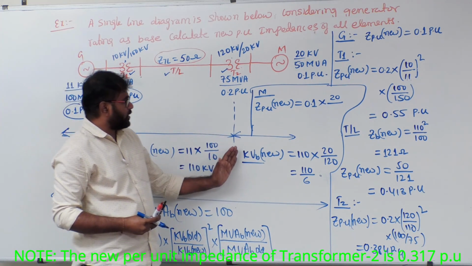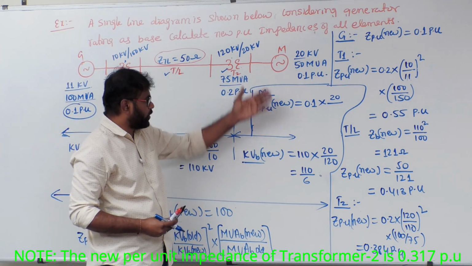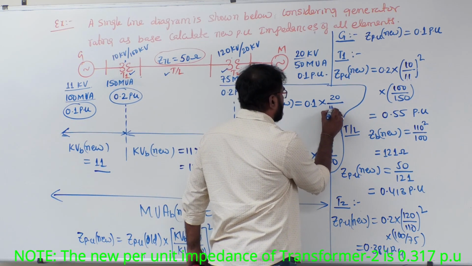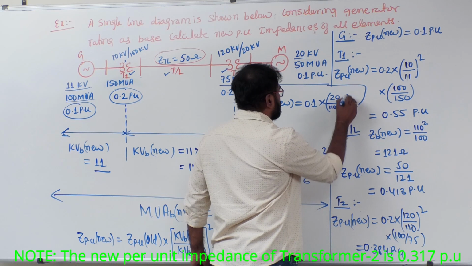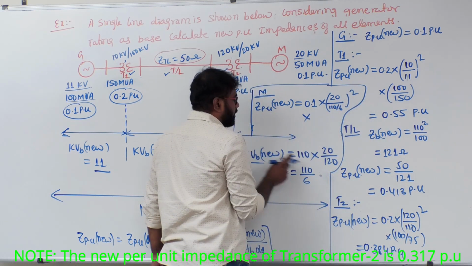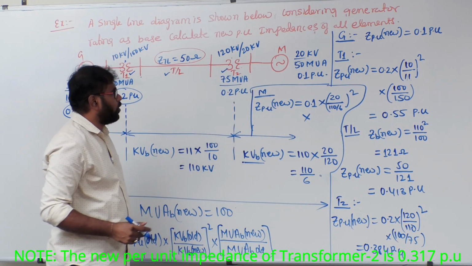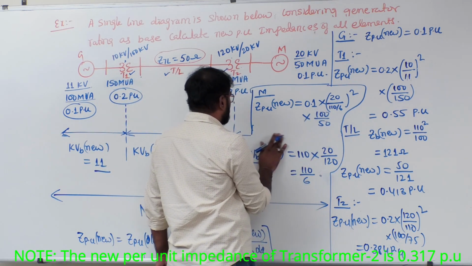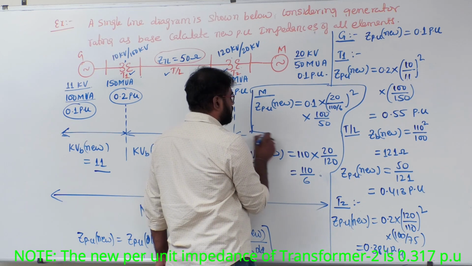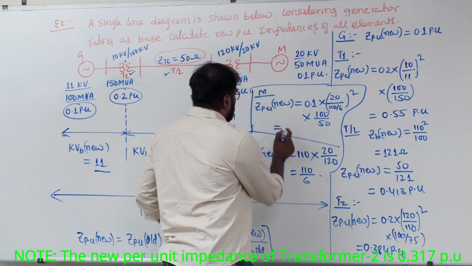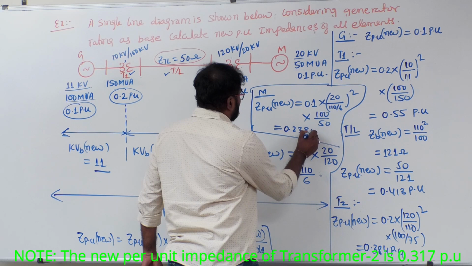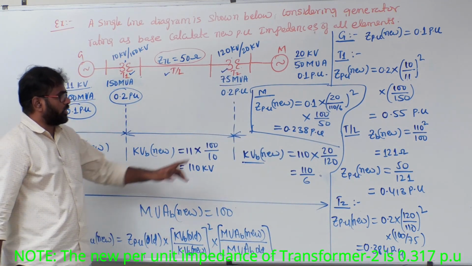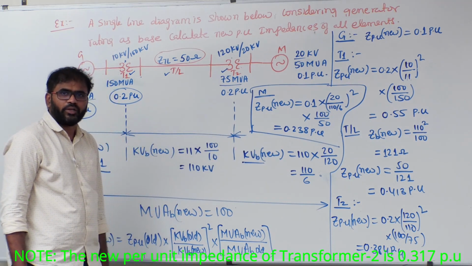If you convert the KVB new to the motor circuit, I got 110 by 6. So 110 by 6 whole square multiplied with MVAB new by MVAB old. MVAB new is 100, MVAB old is 50. If I solve this, we get 0.283 per unit. So the per unit impedance of the motor is 0.283 per unit.